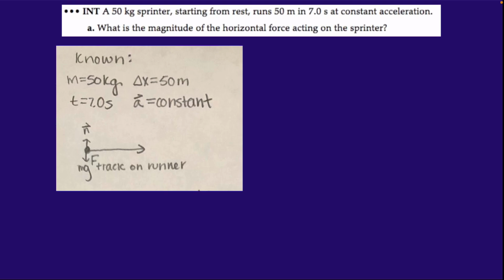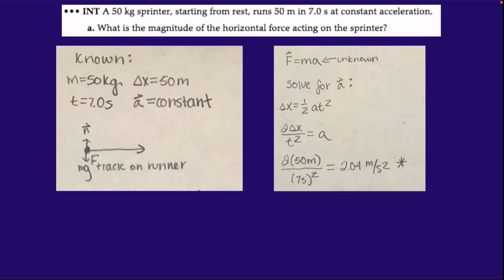That horizontal force on the runner is caused by the runner exerting some force on the track, and because of Newton's third law, which states that everything has an equal and opposite reaction, the track is going to then exert some force on the runner, which is going to allow them to accelerate. So that is where that force comes from.